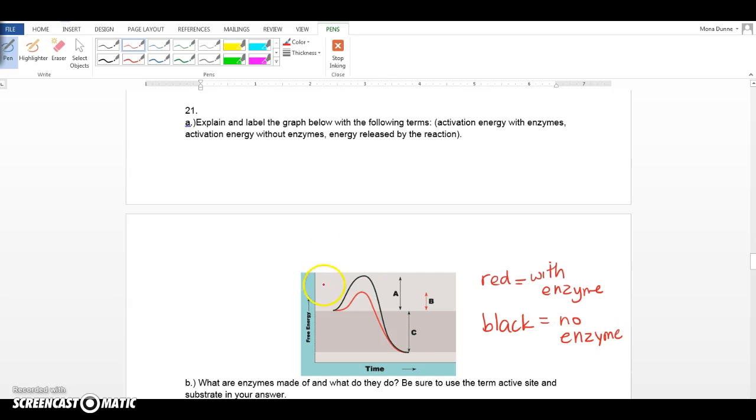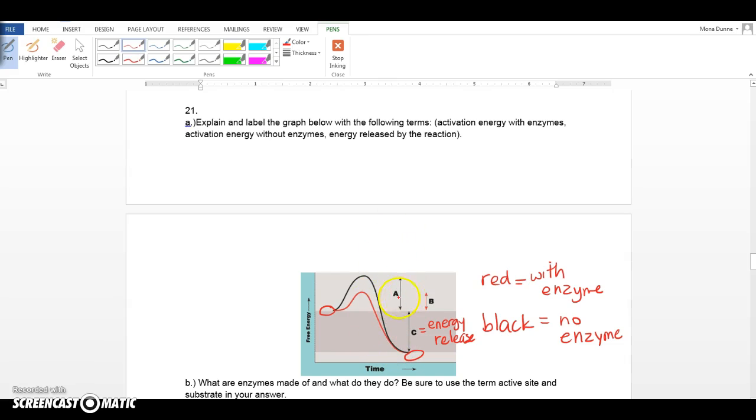Okay, since our starting materials have more energy than our products, there's going to be an energy release here. And so the energy released by this chemical reaction is labeled in C. So that doesn't change. Either way, enzyme, no enzyme, the free energy change is the same.